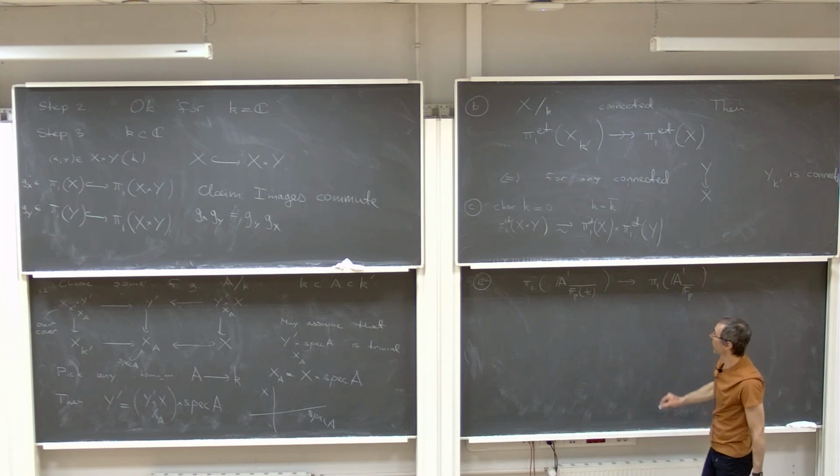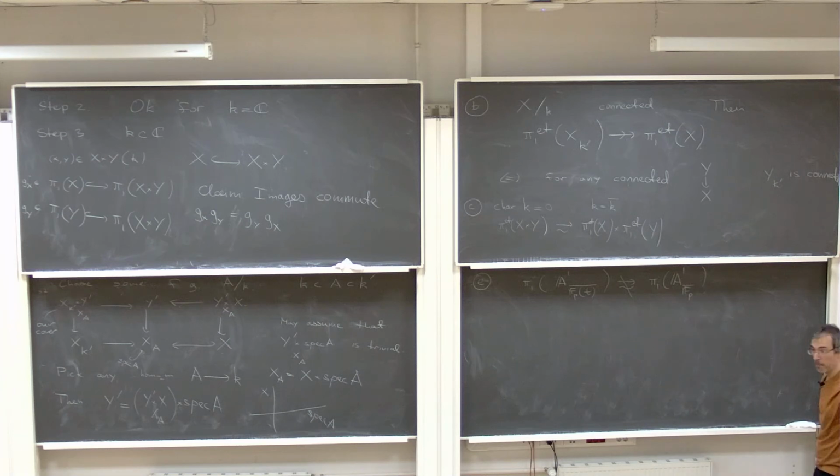This map is not an isomorphism. So part D fails in characteristic p. And so here is an example.